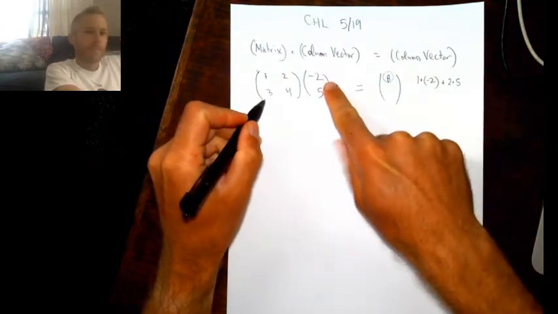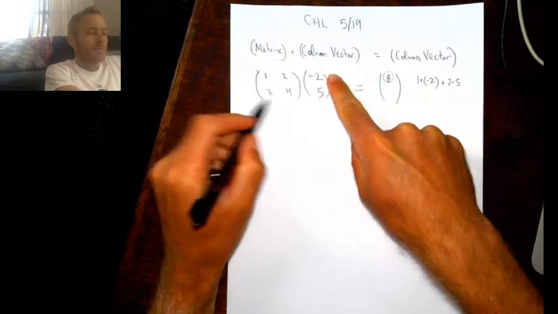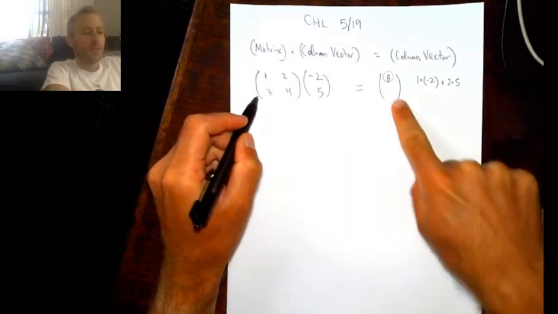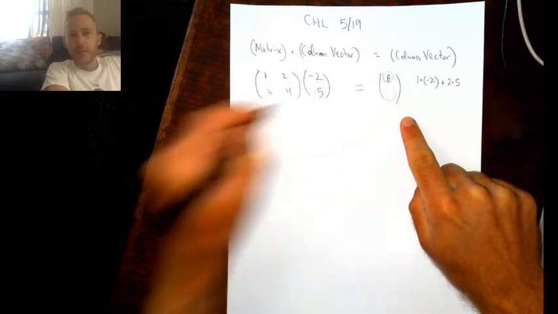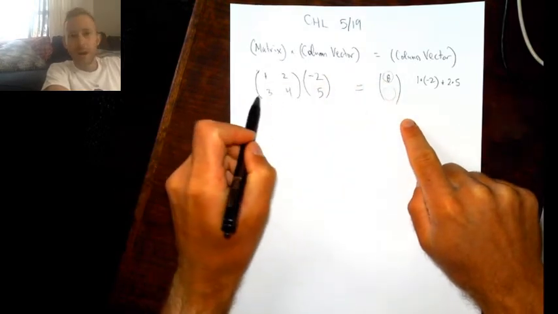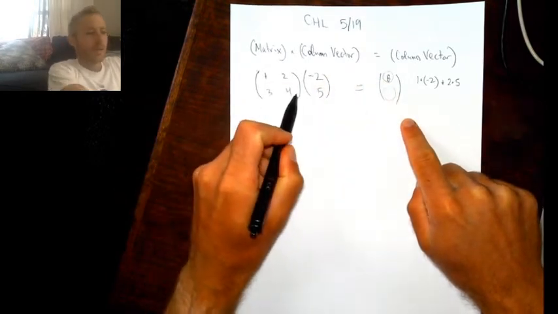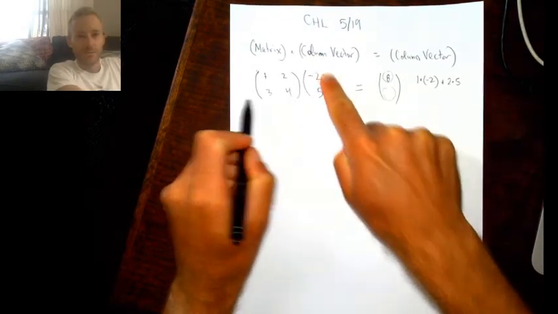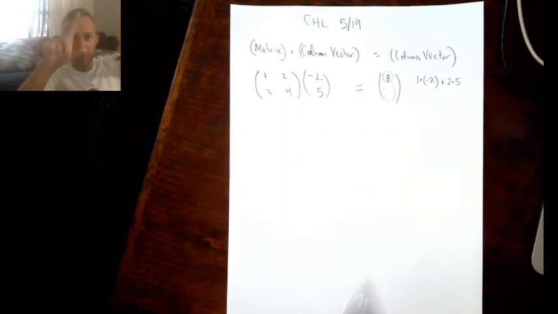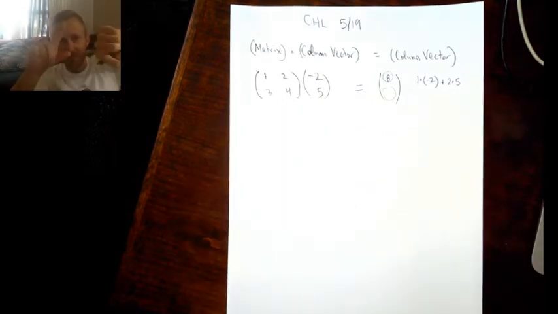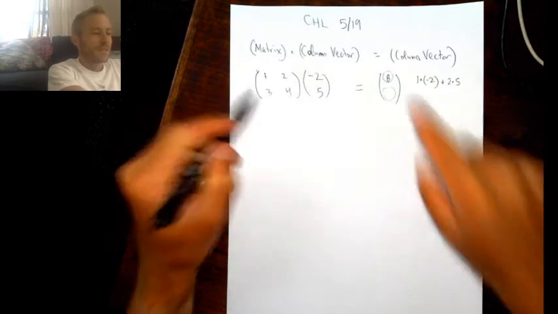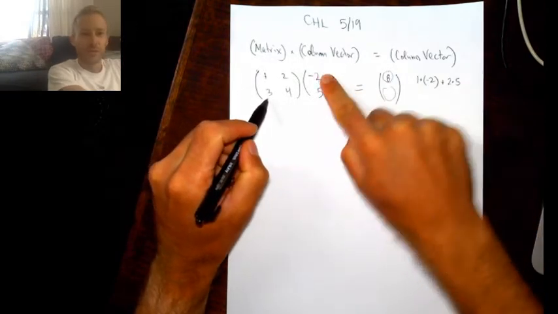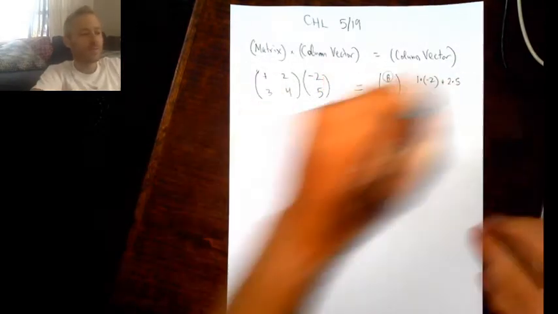Now, if I want the bottom number here, then I'm going to go across the bottom row, not the top row, and I'm still going to go down the column vector. So again, I'm doing this. When I think about multiplying matrices, I'm always doing this in my head. First number times first number is 3 times -2.